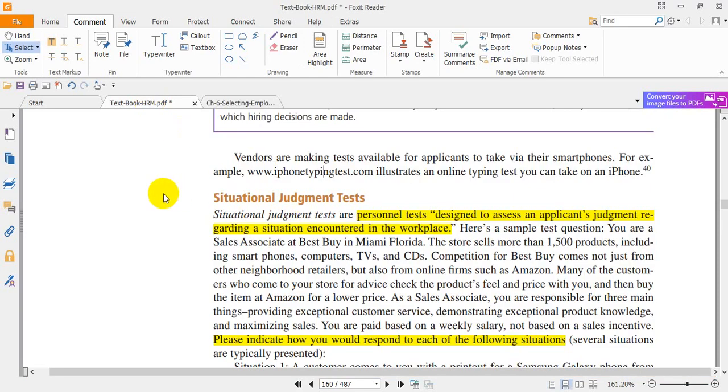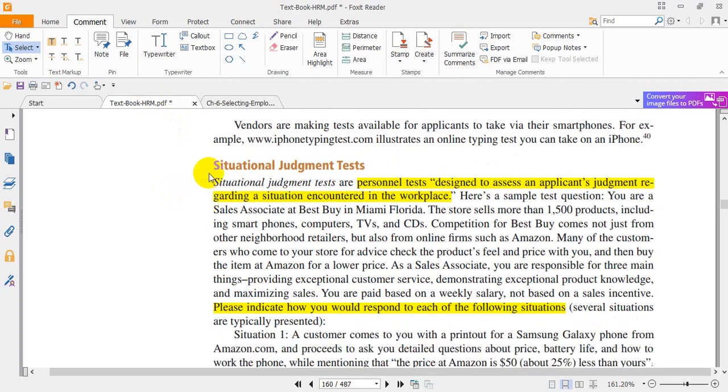Today we will continue by explaining more types of tests. The first type we will explain is situational judgment tests.